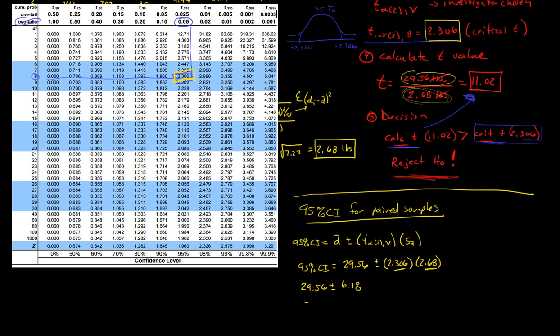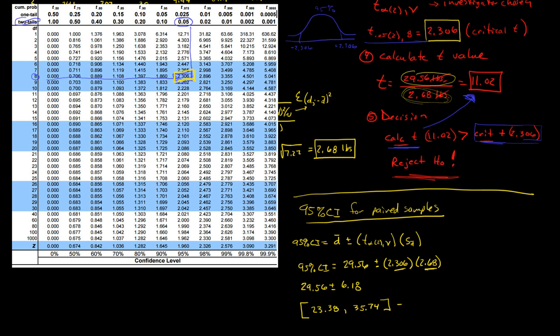So that gives us an actual confidence interval where the lower bound is 23.38 and the upper bound is 35.74.